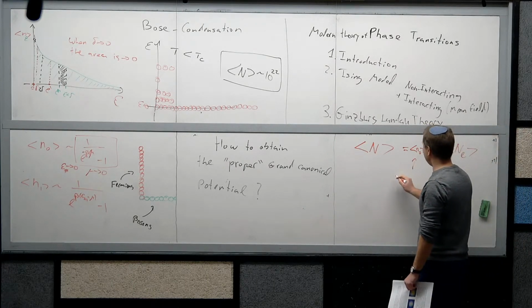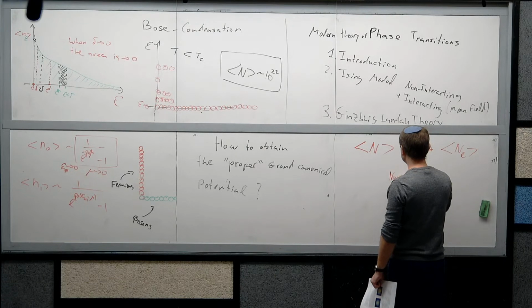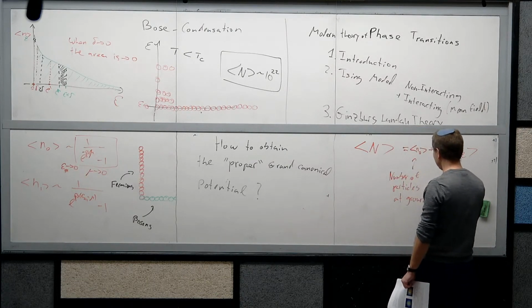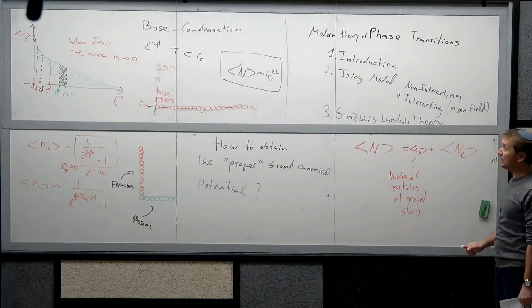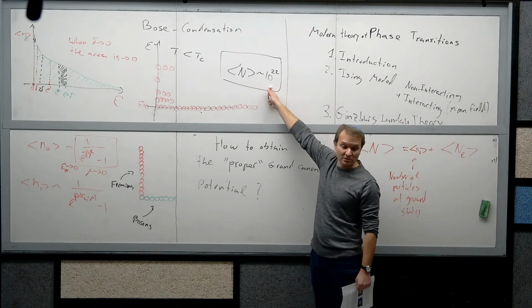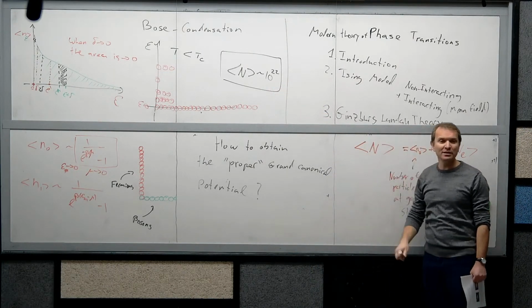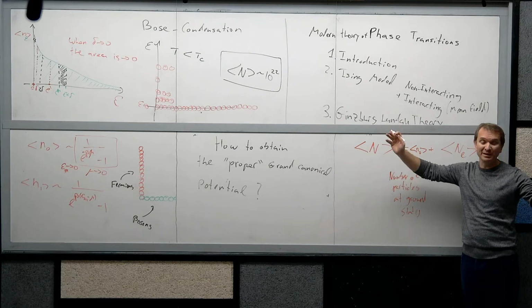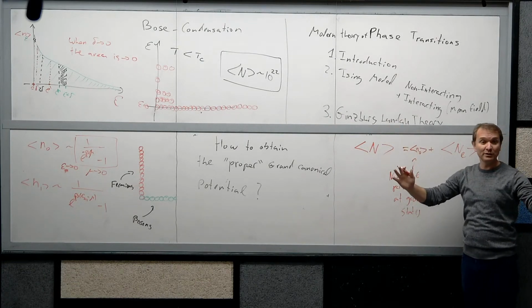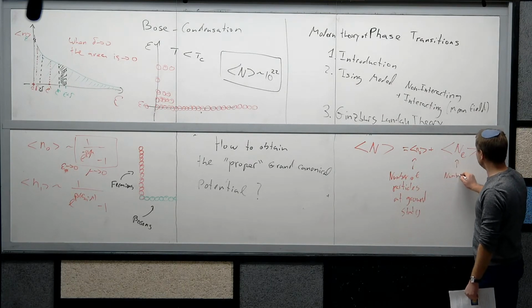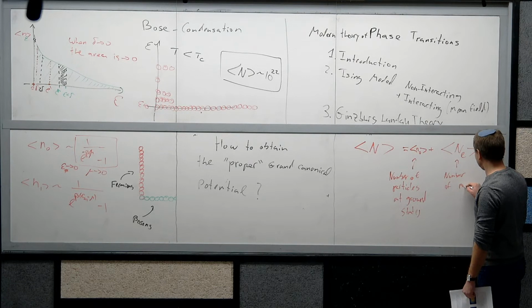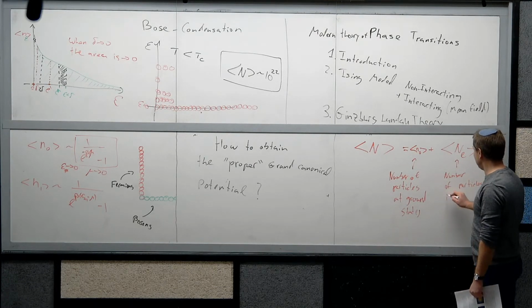Does it not go to infinity? No, it cannot, because the total number of particles is limited. You're right if the total number of particles could be infinite, but it's not, because I fix the total number of particles inside the system. And Ne is the number of particles at the excited states.